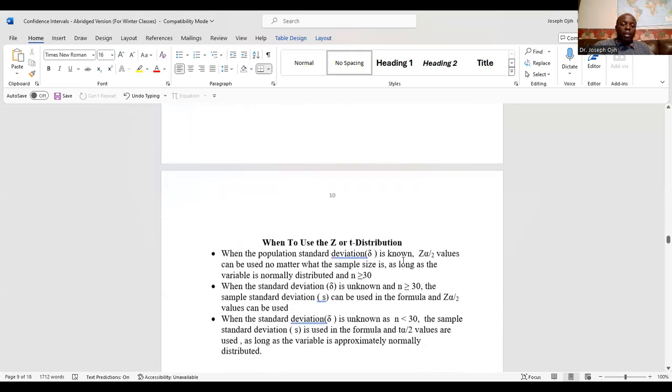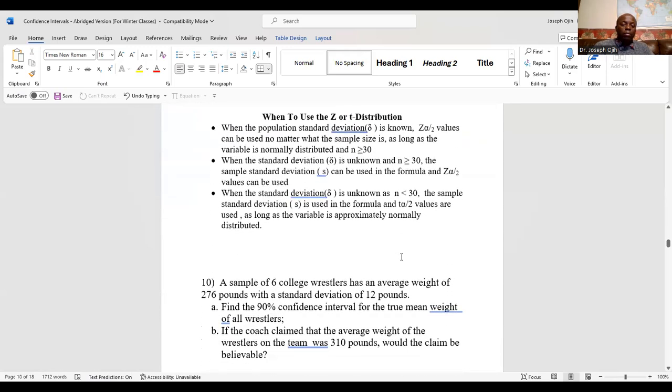Now, having said that, we can look at some of the requirements, with respect to when to use the Z or the T table. So here are the requirements. When the population standard deviation sigma is known, then Z alpha over 2 values from the normal distribution table can be used no matter what the sample size is, as long as the variable is normally distributed and the sample size is greater than or equal to 30.